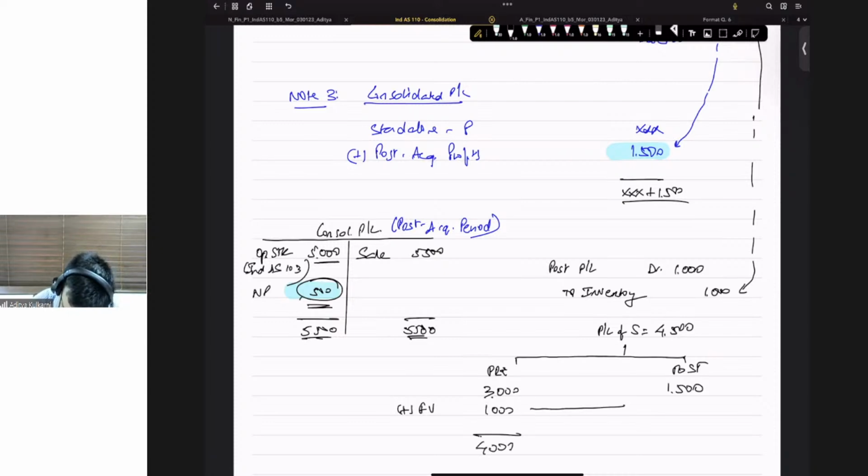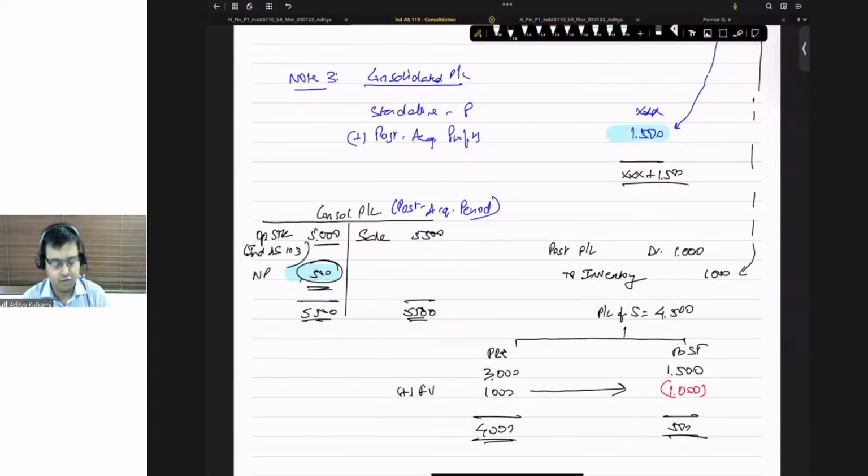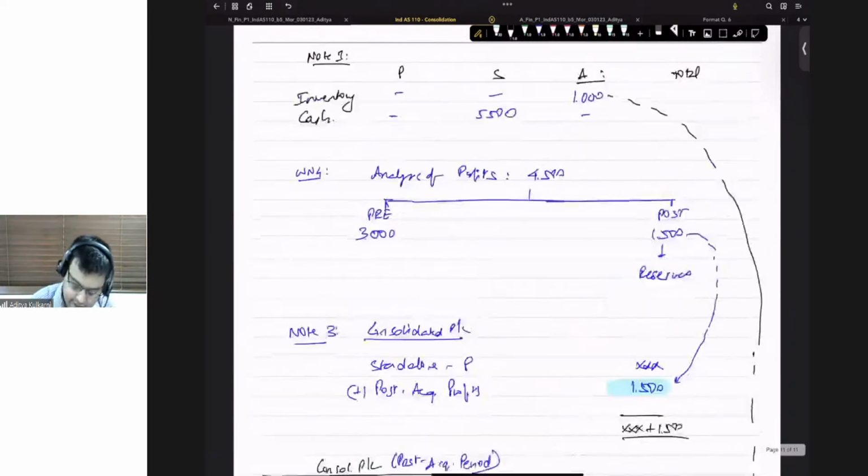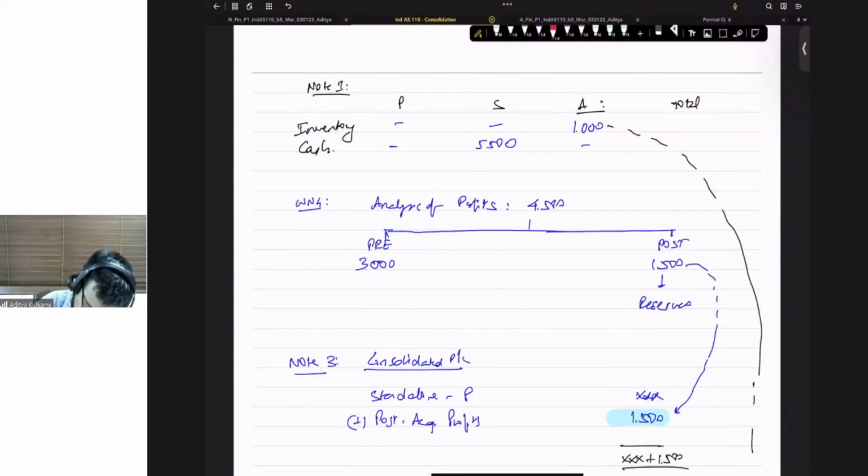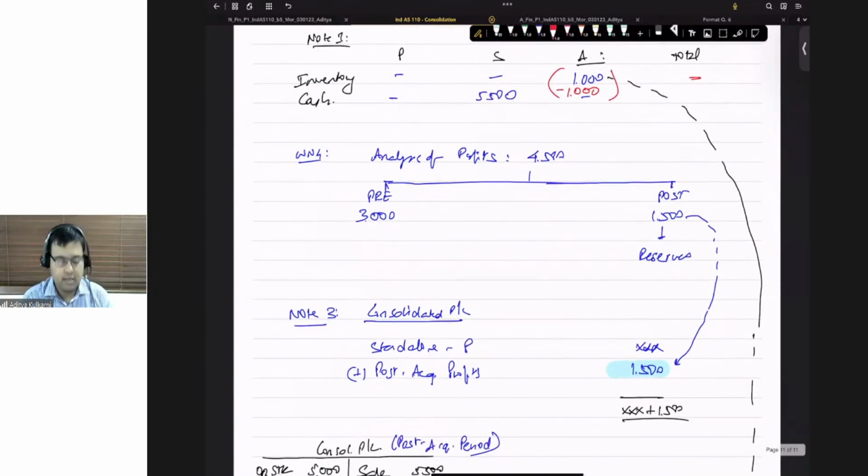This positive fair value adjustment gets reversed in the post-acquisition period and it falls to 500. And since this 1,000 gets adjusted in the post-acquisition period, I will deduct 1,000 from inventory. So inventory mein the impact is going to be 0.